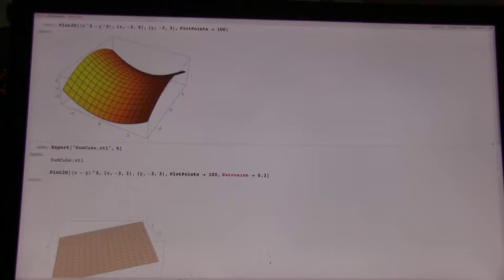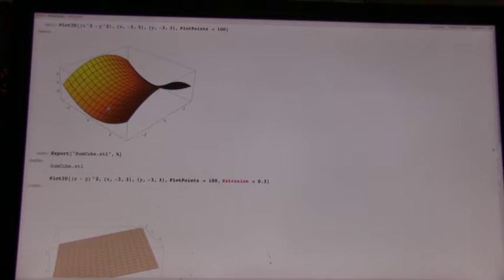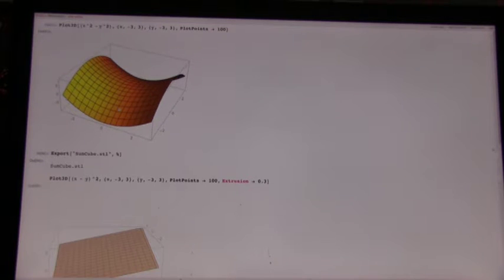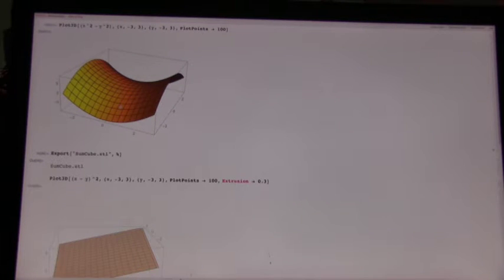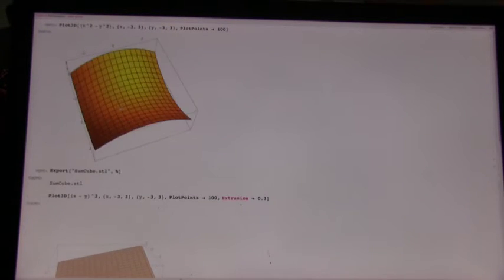But the interesting thing is, when we go to plot 3D, where are those lines? Where are those lines where this thing is equal to 0? Can you see them? Because your initial reaction was there weren't any lines here and it was just a saddle. By the way, the saddle is the mathematical name for this. Can you see those lines where it's equal to 0?